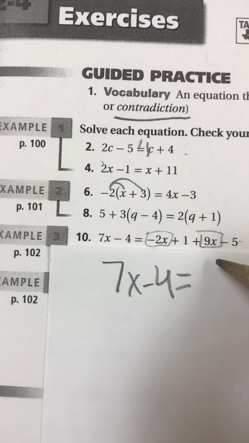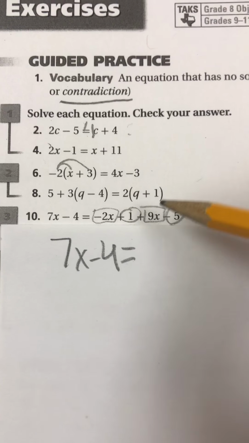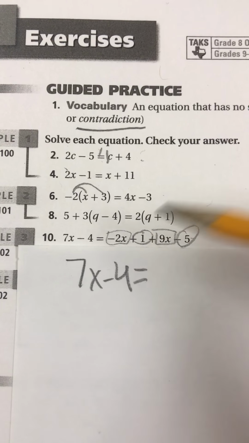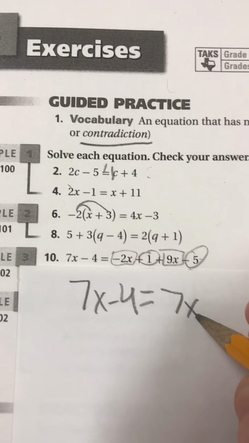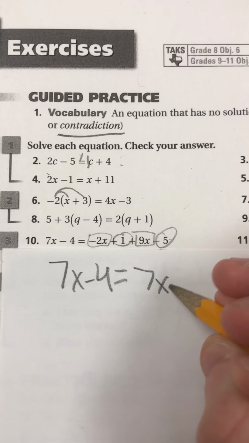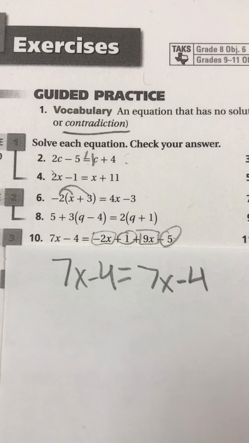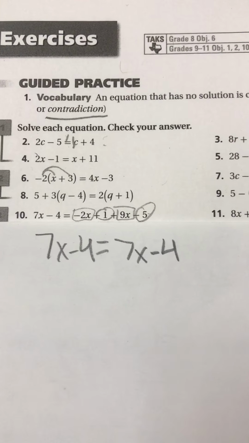These numbers are like terms as well. So I squared the variables and circled the numbers. So we have 7x minus 4. And look at that, we have the same thing on each side. Kind of weird, but it's right. We'll solve it either way.